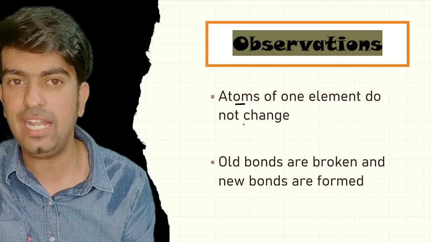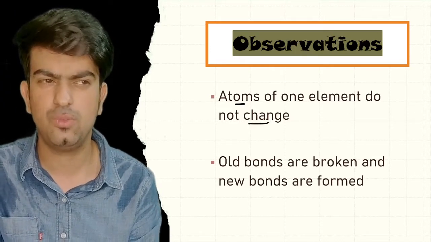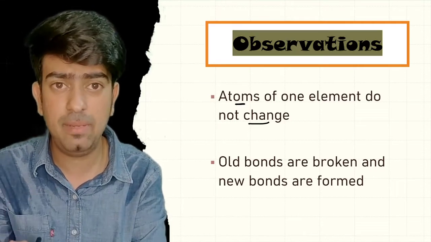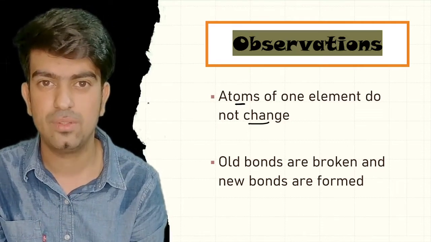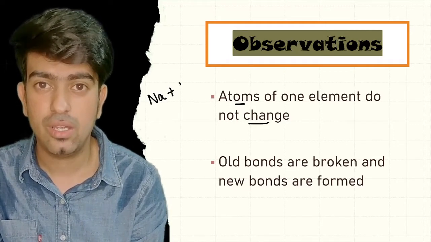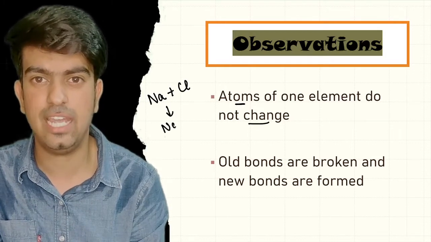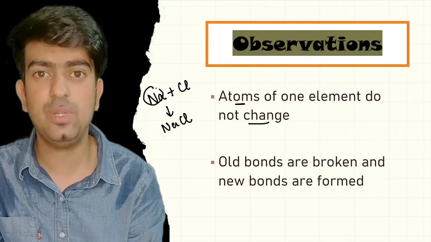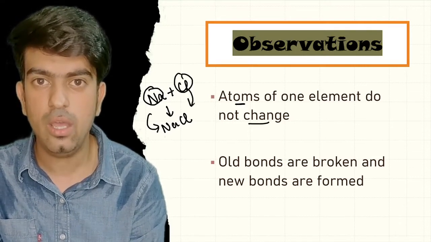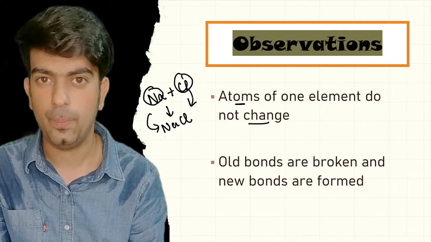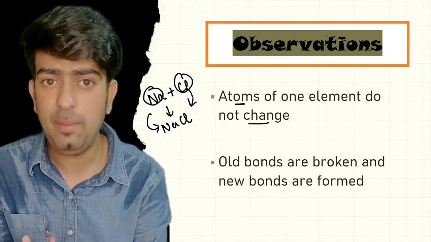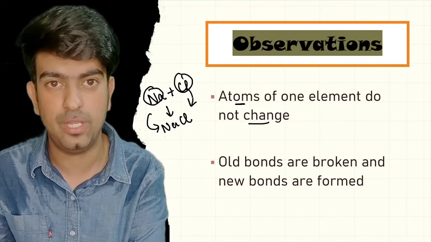So let's write these points and let us summarize this thing. Atoms of one element do not change. What does this point mean? कि chemical reaction में एक element का atom नहीं change होता. Like if we take an example, suppose Na plus Cl is giving us NaCl, right? अब ऐसा नहीं हो रहा कि यहाँ पे Na जो है वो आयरन में कन्वर्ट हो गया, या क्लोरीन जो है वो सल्फर में कन्वर्ट हो गया, नो. एटम्स वही रहेंगे, रीअरेंजमेंट ऑफ बॉन्ड्स होंगे, नए बॉन्ड्स बनेंगे, कुछ पुराने बॉन्ड्स टूटेंगे, राइट?